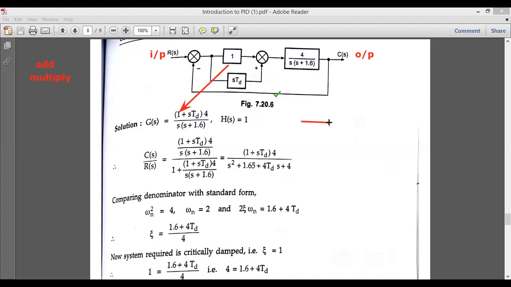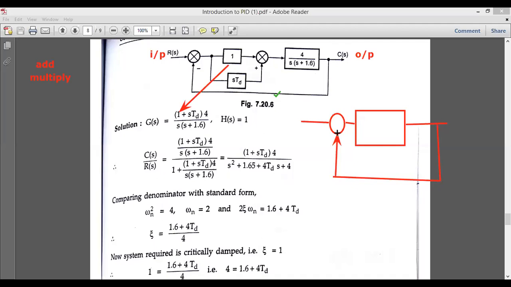This is the input block. You will have one block like this, then one summing point, let us say like this. And this is C(s), and this is your feedback from output to input.